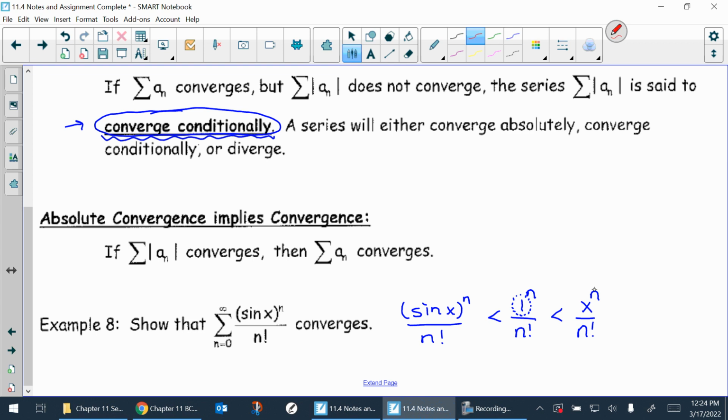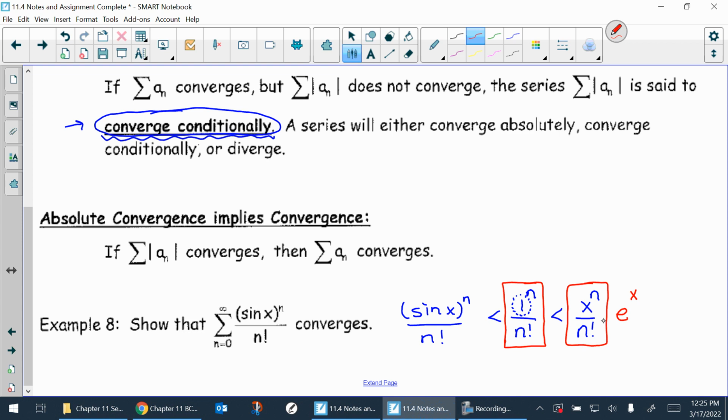Well, isn't this thing e to the x? Oh, and I know e to the x converges for all values. It's an interval of convergence, all values of x.